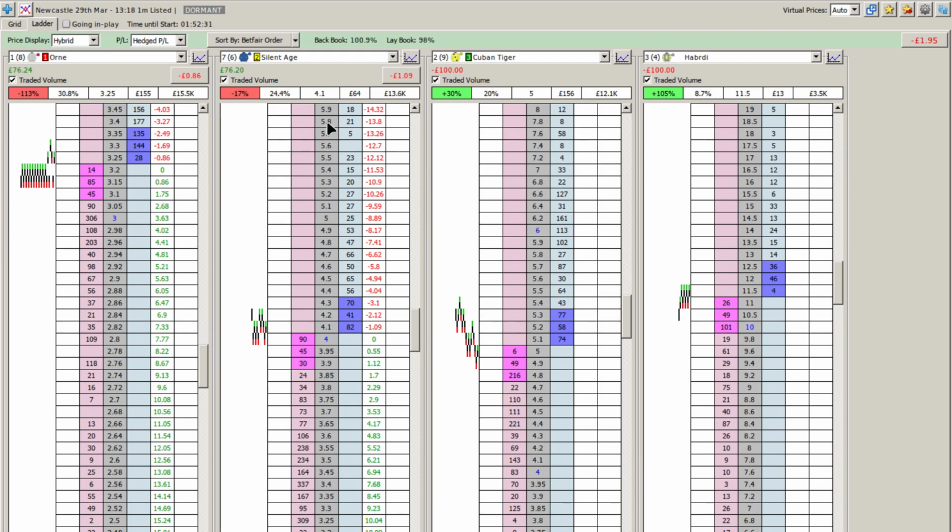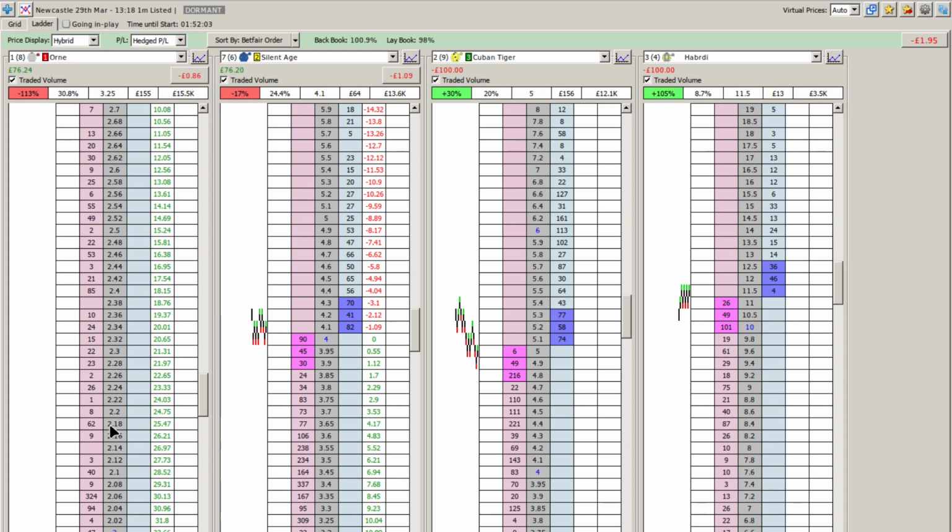So ignore this runner here for the moment. If this runner was to make the 25% mark, remember he was going down to 2.5. He now, by virtue of the fact that there's less money on him as a back bet, has to go down all the way to, sorry, 2.18, beg your pardon.